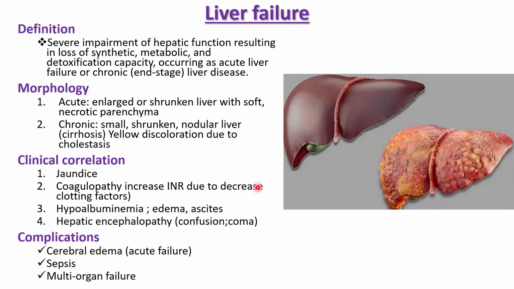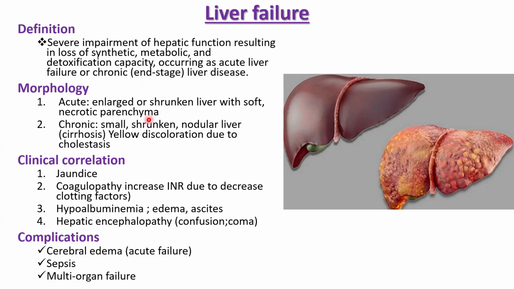So what are some of the complications of liver failure? One, cerebral edema. Remember, we've talked about hypoalbuminemia, which leads to edema, and this edema can lead to cerebral edema. Remember also that one of the functions of the liver is detoxification, which means it removes the increased nitrogenous compounds in the body.